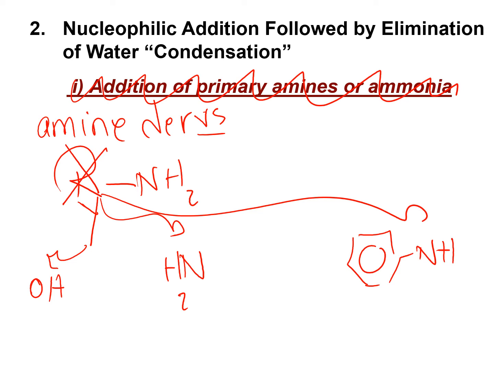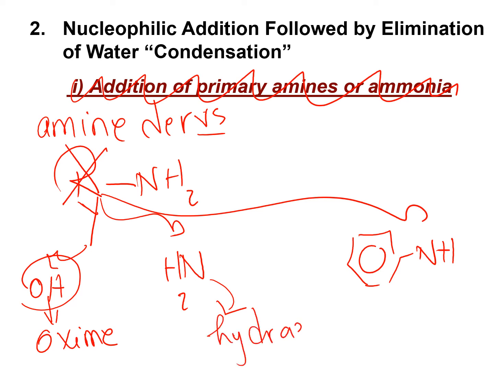If you have the OH, your product is an oxime, and we will discuss it in full detail. If you have another amino group, then your product is a hydrazone. Let's discuss these in full detail.